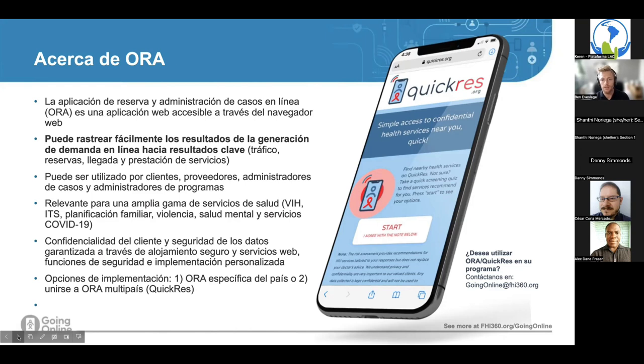Aura can help HIV programs track results of their online demand generation toward some key results. So how does this work? On Aura, you can create a unique link with a tracking code that is embedded. And this link can be used in each of your online promotions.